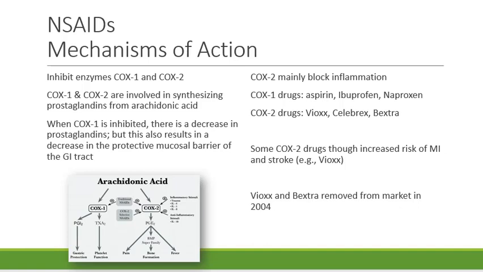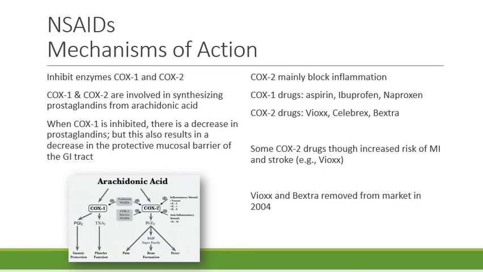Now, with the COX-1 drugs, we're talking about aspirin, ibuprofen, naproxen. Again, for most people that doesn't cause a problem, and if they use them for the appropriate duration and time, if they're not overusing them, they're probably not going to have any significant issues.